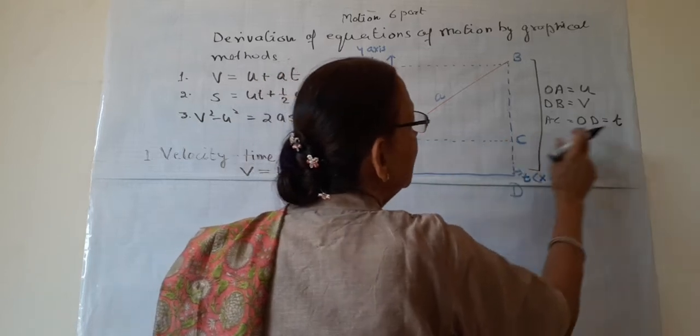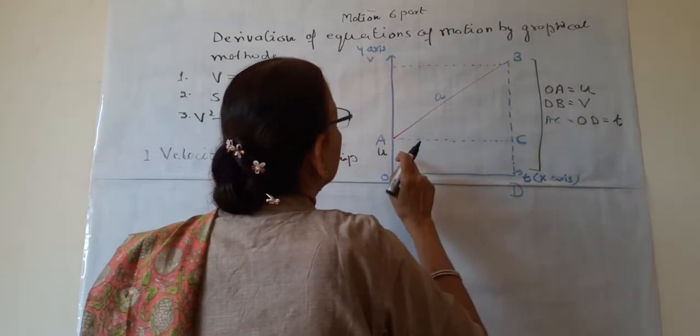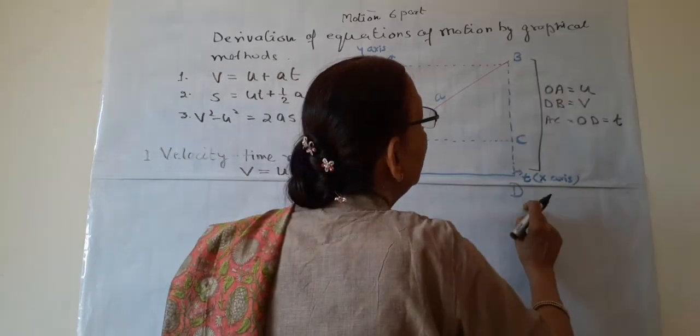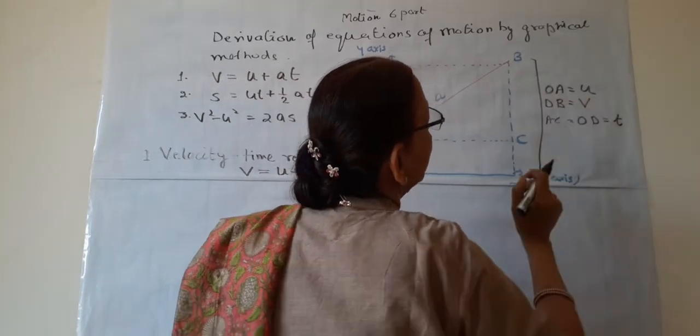So this AC is equal to t, this OA is equal to u, and this BD is equal to v.